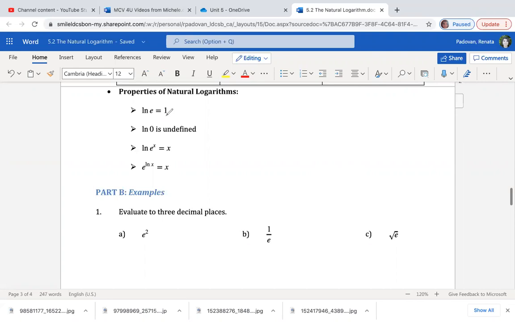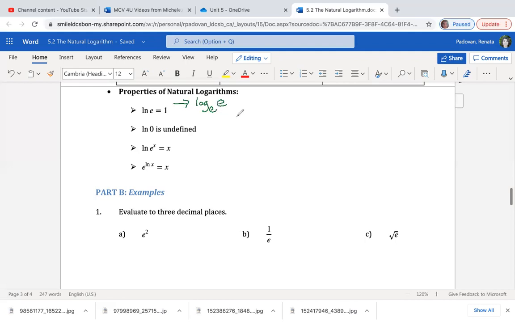Instead of writing it as log base e, I can write it as ln because it happens quite frequently, right? And then this is ln of x, this is ln of e, log base e of e.